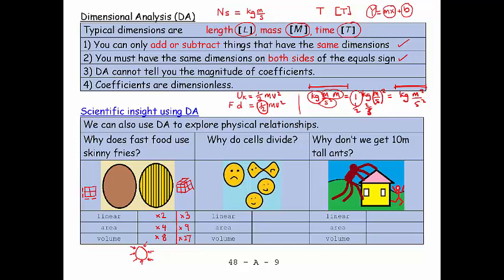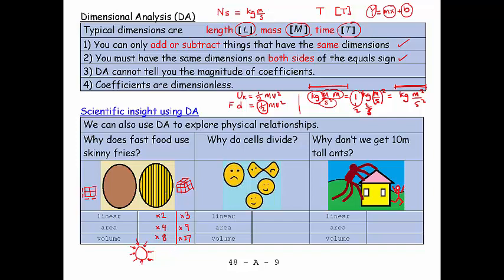So if I need 8 times the energy to cook the potato, but I only have 4 times the surface area, it must take twice as long. And if I did 3 times as big a potato, I'd have 27 times the energy needed to cook it, and yet I'd only have 9 times the surface area for the energy to go through, and so it takes 3 times longer.